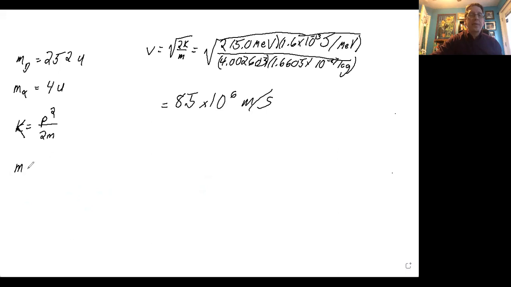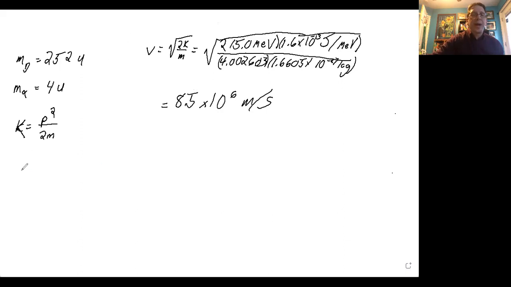So the mass of the daughter nucleus times the velocity of the daughter nucleus is equal to the mass of the alpha particle times the velocity of the alpha particle. And we know that it's subrelativistic, so we can keep it like that. And we are asked for the kinetic energy of the recoiling daughter nucleus. So we don't need the velocity either. We just need kinetic energy.